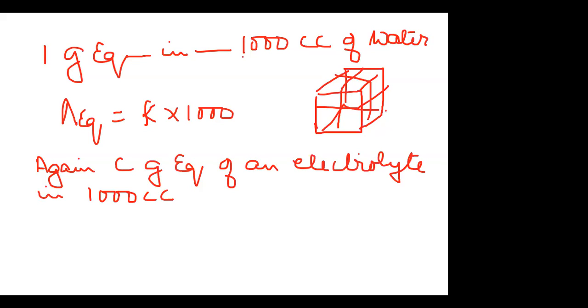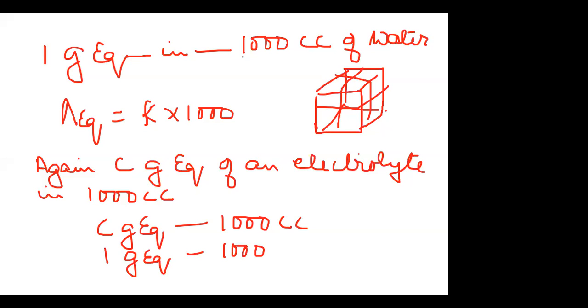So if C gram equivalent are present in 1000 cc, then 1 gram equivalent will be present in how much? This is going to be 1000 by C into 1. I'm not writing the units because we'll come to that again. So 1 gram will be present in this much. So in this case again, the equivalent conductance will now equal what? Kappa into 1000 by C. Okay. Why?